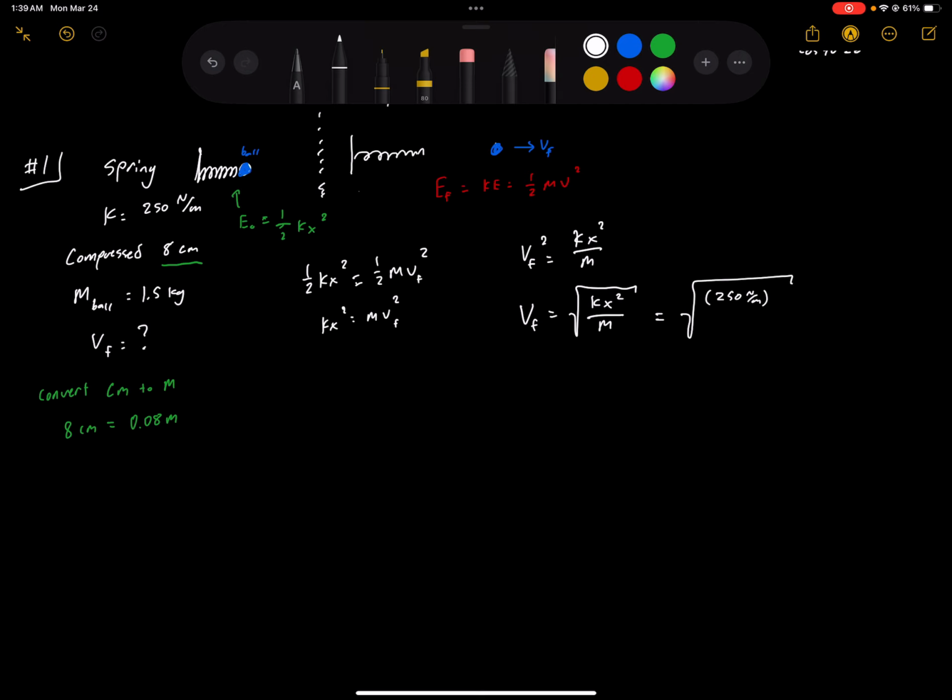I have the amount that the spring is compressed, which is going to be 0.08 meters. And I'm going to divide that by the mass of the ball, which is 1.5 kilograms, and then take the square root of the whole thing.